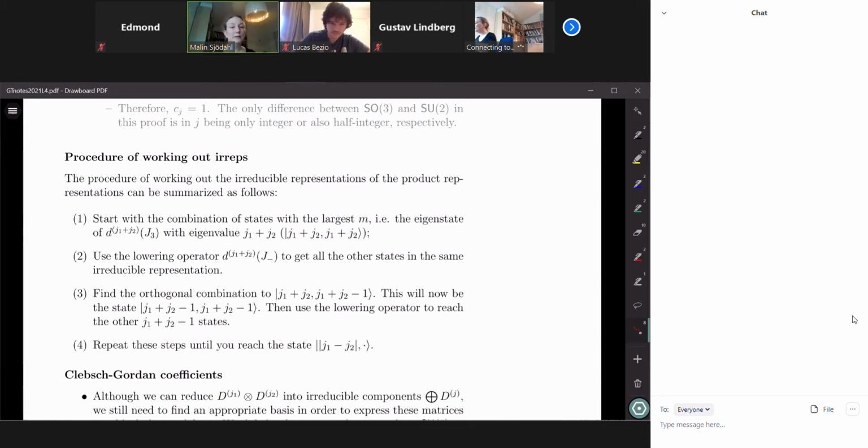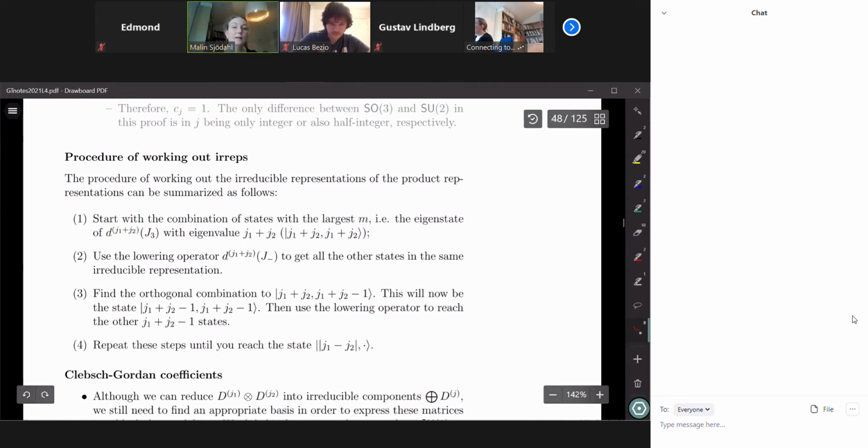So quite generally, we start with combining the states with the largest m, the eigenstates of the direct sum representation with the highest possible j value, j1 plus j2.